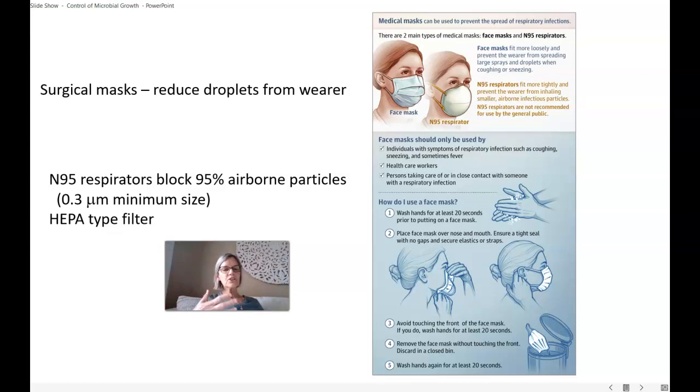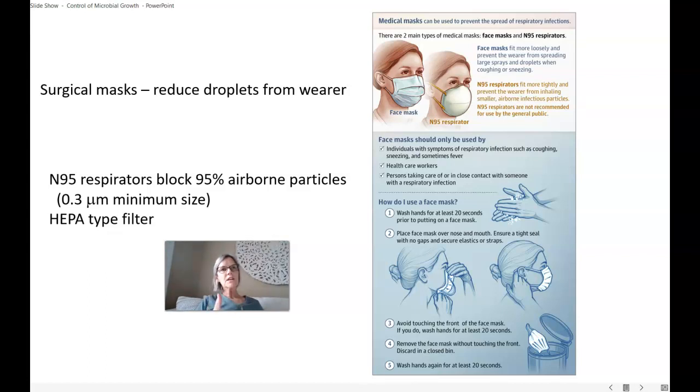The surgeon's not worried necessarily or usually about the patient infecting them, but you have an open body, and if you talk, we automatically make these tiny little droplets that can spread microbes all over the place. So these surgical face masks are mostly designed to prevent the spread of contamination from the person wearing it.